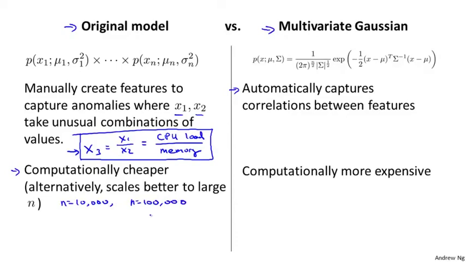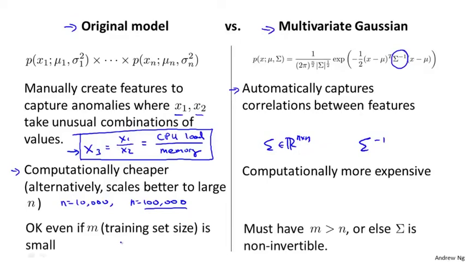Whereas in contrast, for the multivariate Gaussian model, notice here, for example, that we need to compute the inverse of the matrix sigma, where sigma is an n by n matrix. And so computing this, if sigma is a 100,000 by 100,000 matrix, is going to be very computationally expensive. And so the multivariate Gaussian model scales less well to large values of n.